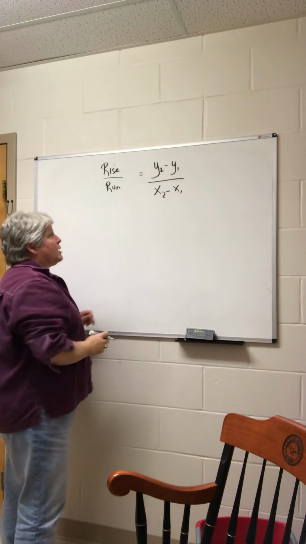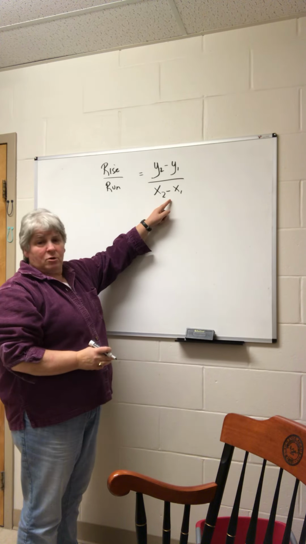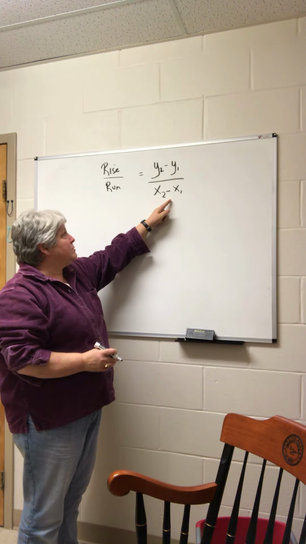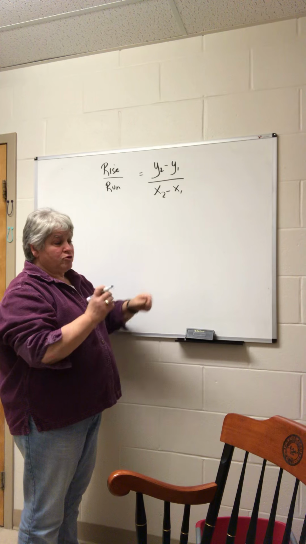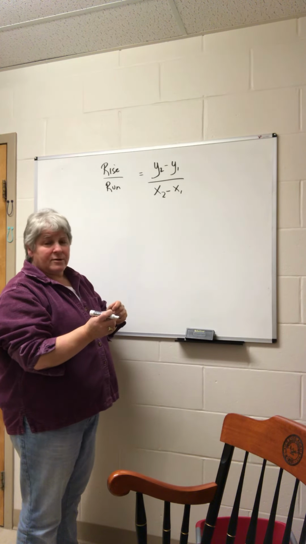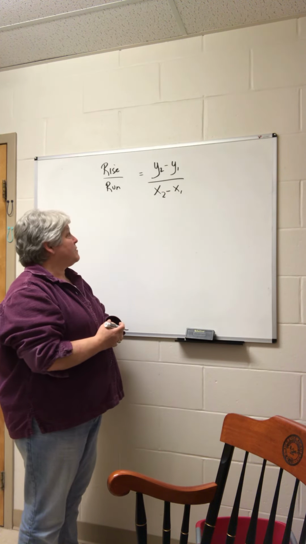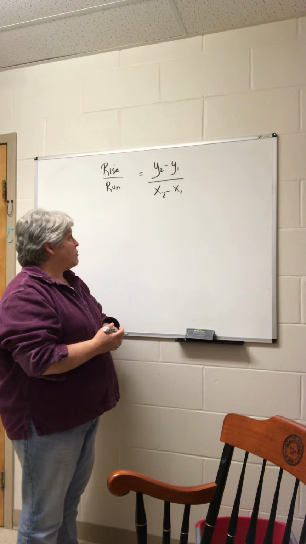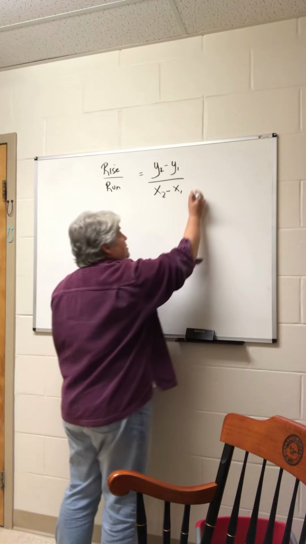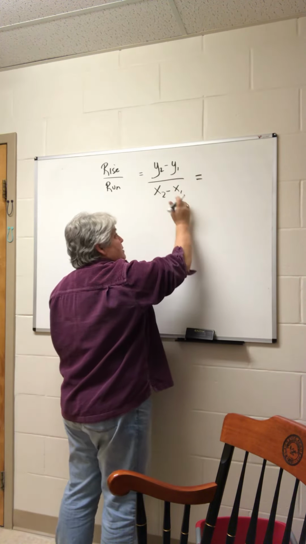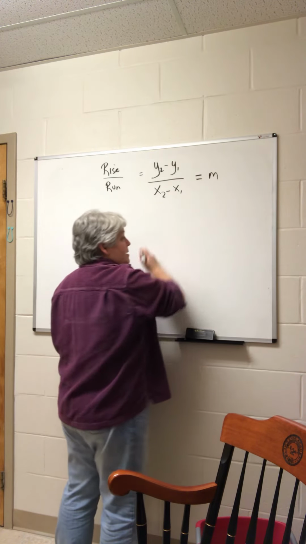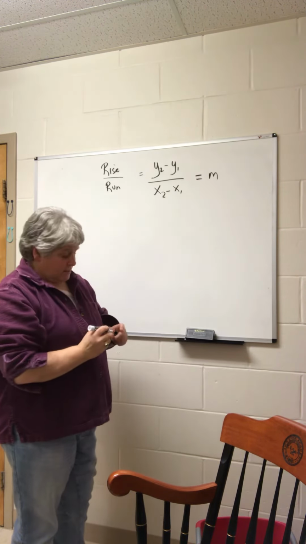Doesn't matter which point you start with, which one you call point 1 and which one you call point 2. What matters is once you choose an order for the y's, you must stay consistent for the x's. If you remember right, we also said that this calculation that we get would be represented by m in any formula to do with lines.